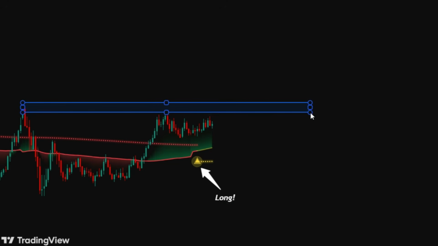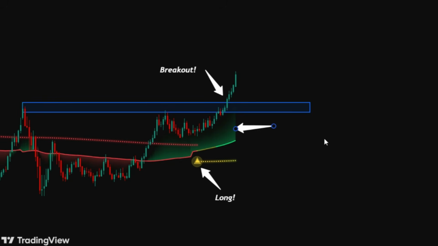In this chart, you can see that the indicator has generated a buy signal and the price has already moved above the moving average. However, that doesn't mean we should immediately enter a trade. To find a high probability entry, we can draw a resistance level based on this previous high. When the price breaks above that resistance zone, it signals increasing bullish momentum.